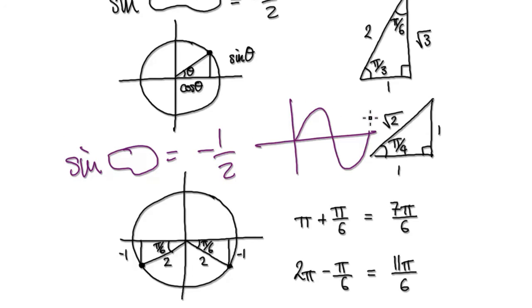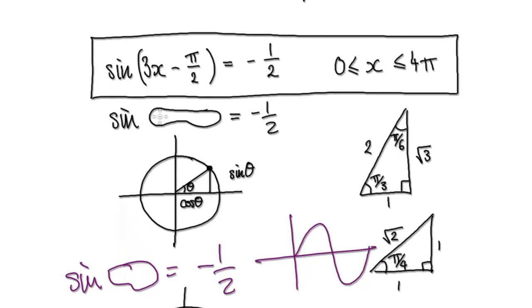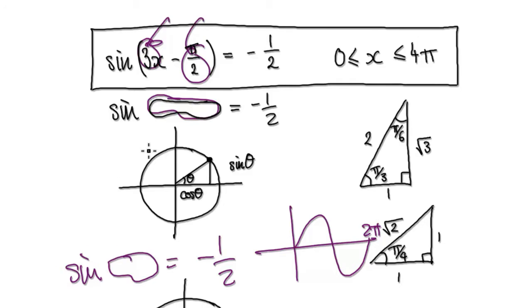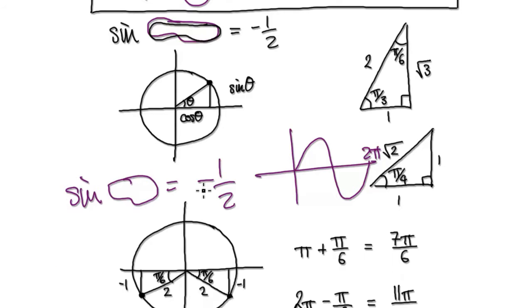Remember, we are looking at sine the bubble. We haven't squeezed it by a factor of 3. We haven't shifted across by anything. We are just simply looking at a simple sine graph from 0 to 2 pi. We haven't squashed it or shifted across. We are just looking at the simple sine bubble.